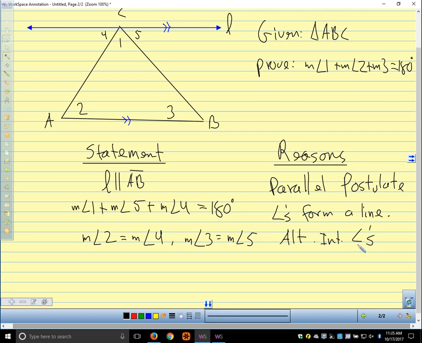Now we're set, because this tells me that the measure of angle 4 equals the measure of angle 2, and this tells me that the measure of angle 3 equals the measure of angle 5.